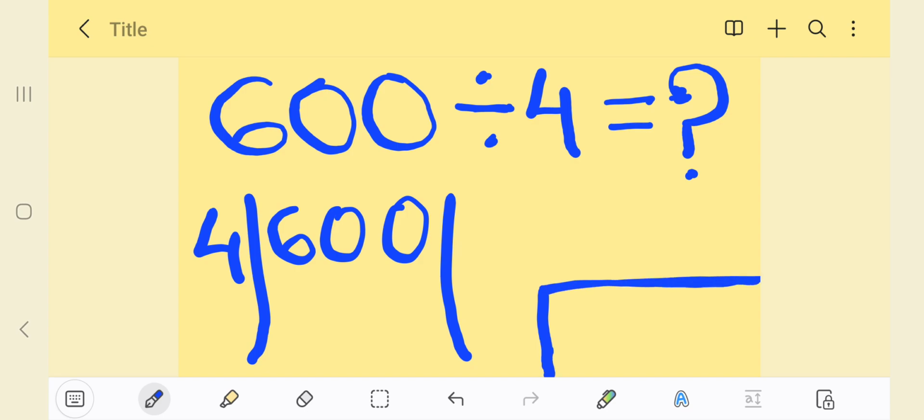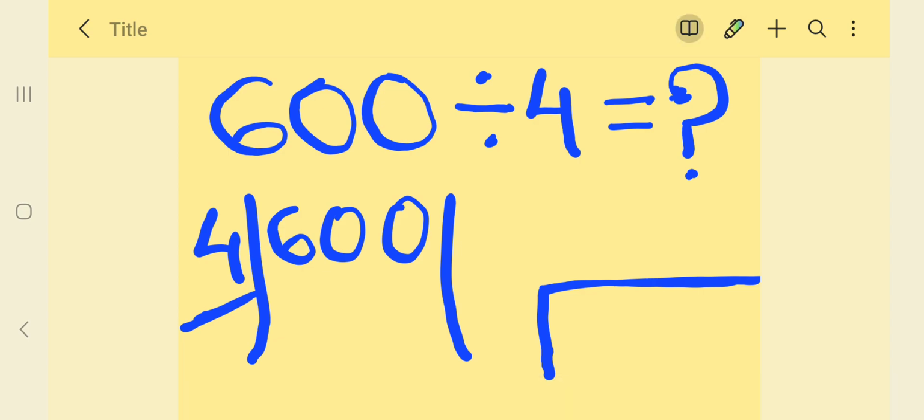Why 4? Because the divider is 4. That's why we need the times table of 4 to memorize. I hope before doing this math, you know at least the times table of number 4. It's not that difficult. I have it in another video. If you want to check it out, please go ahead.